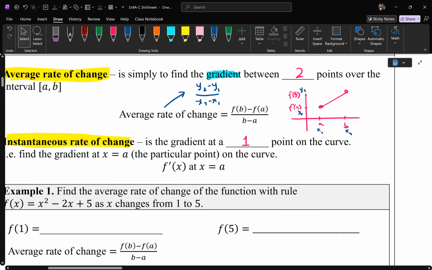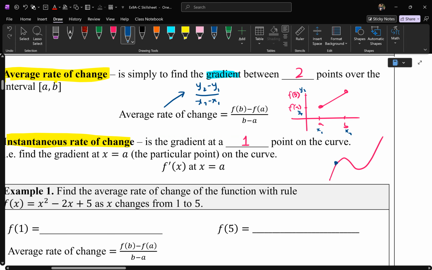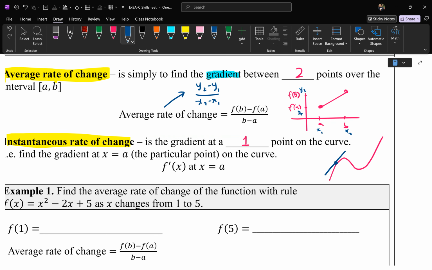So that's what you did last year, where you might get a curve like that, and the question might be, what is the gradient of a tangent line? So a line that actually touches the curve once rather than 2 points. What is the gradient, meaning the steepness of that line at 1 point? And that's where the theory of first principles comes from, and everything stems from understanding that concept.